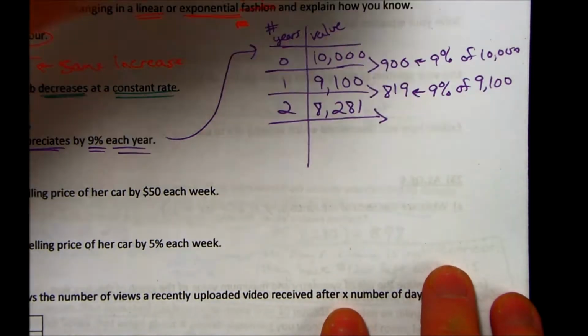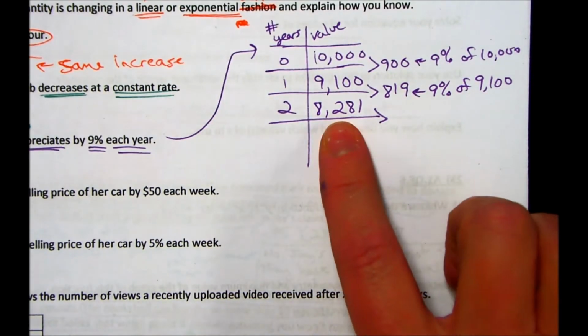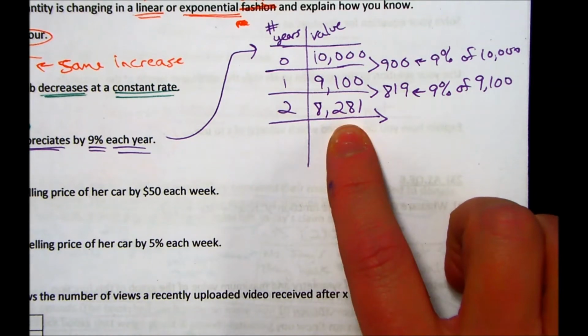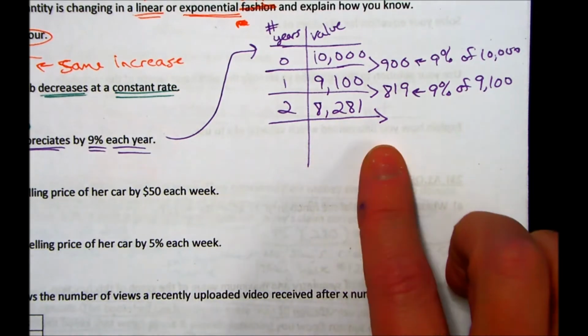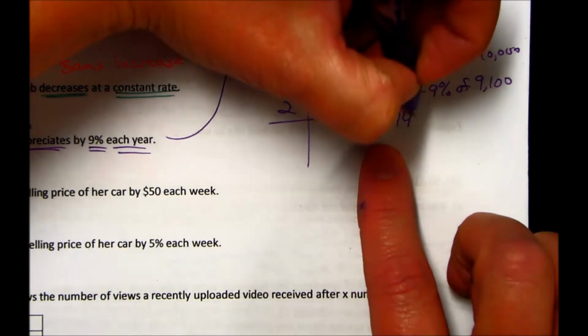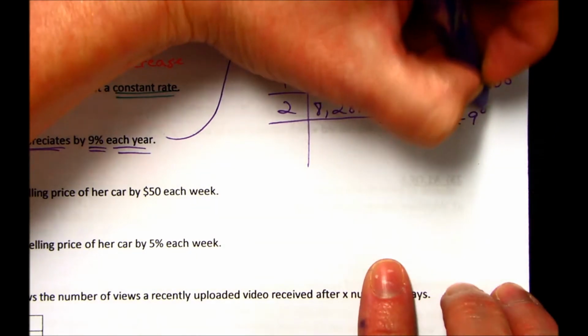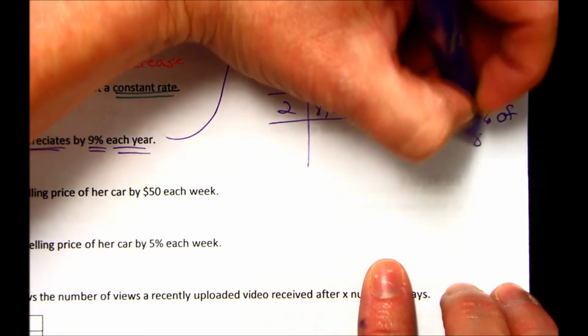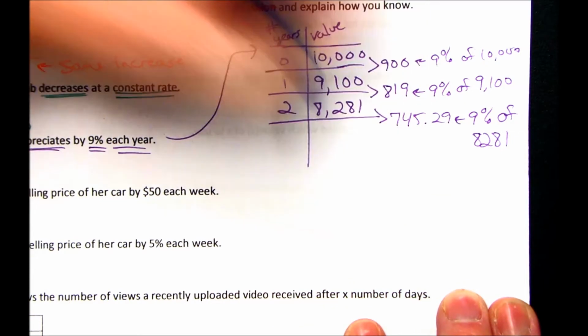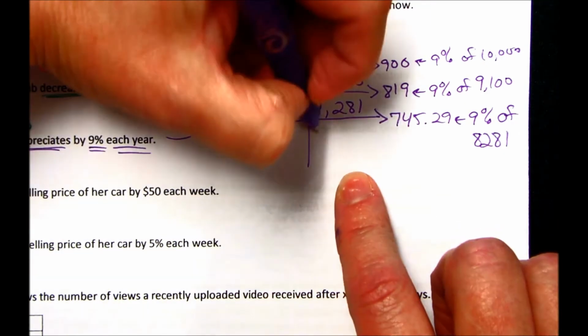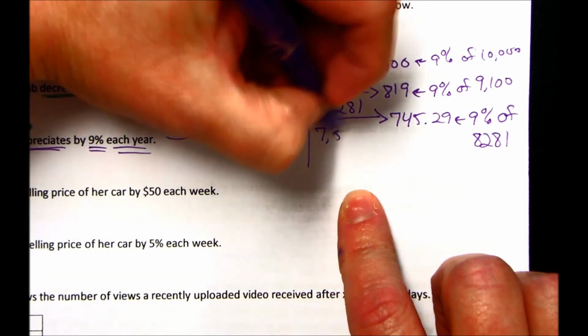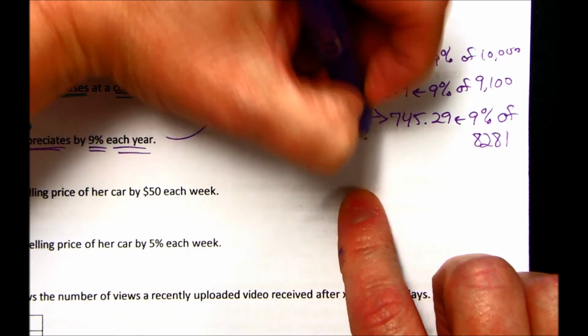So then you would get a value of $8,281. And then if we go one more time, if I take 9% of the $8,281, that will be depreciating by $745.29, which is 9% of the $8,281. And that will then equal a value of $7,535.71.